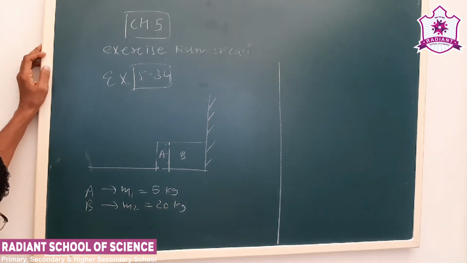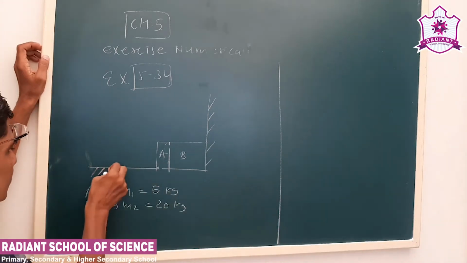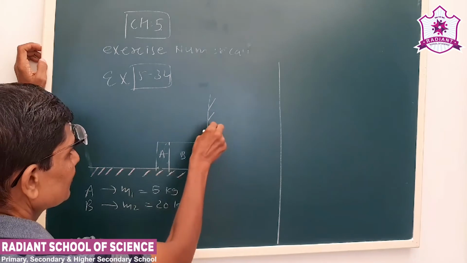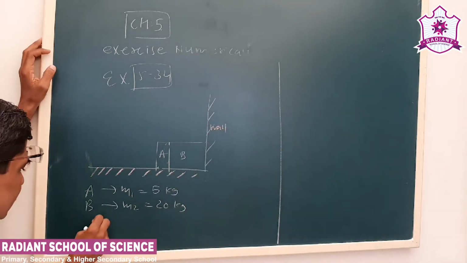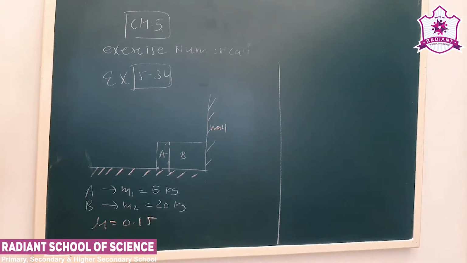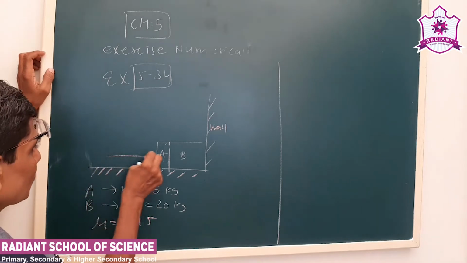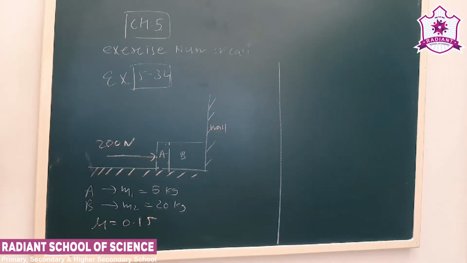They are kept on a rough surface, and there is a ball also. Mu is 0.50. The question says a force of 200 Newton is applied on the right hand side as shown in the figure.